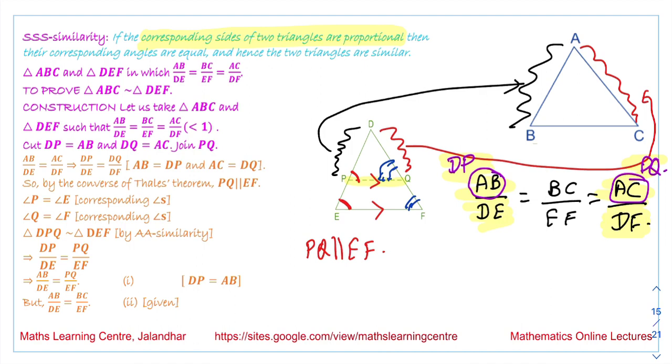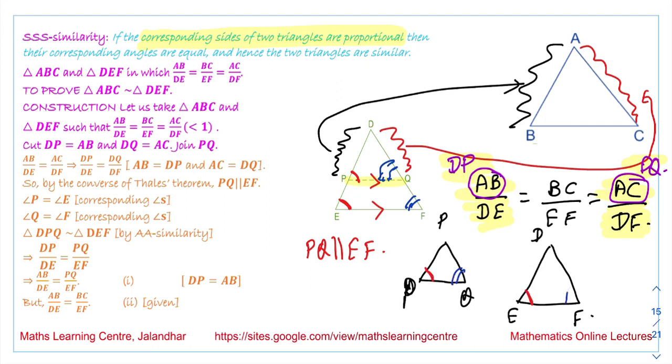If we look at these two triangles, one is the triangle DPQ and one is the triangle DEF. We are saying the angle at P and the angle at E are equal.